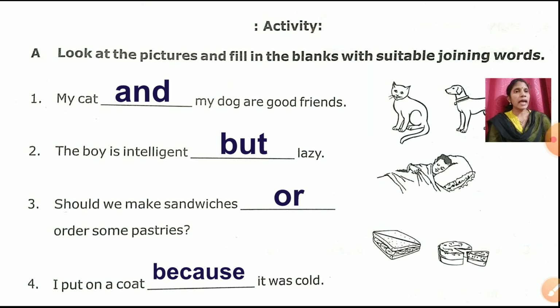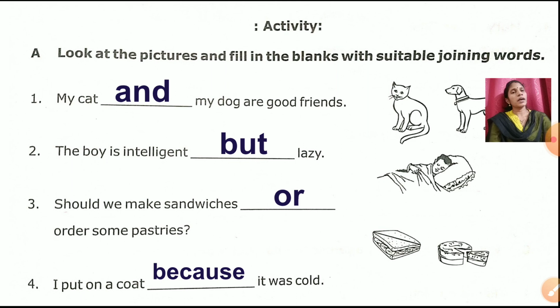"Because" is added when you have to give a reason. I put on a coat. Why are you putting on a coat? Because it was cold. That is the reason.